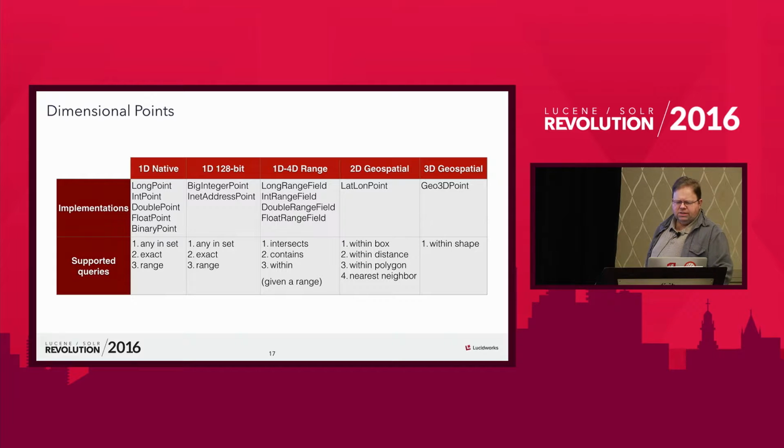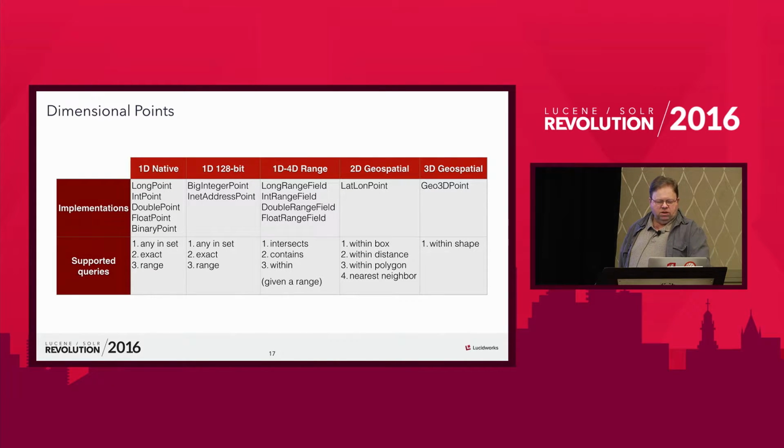This is the set of implementations that are currently in Lucene. I didn't distinguish between ones that are in the so-called sandbox, which is a module in Lucene, but a fair number of these are sort of experimental. And I don't think that means they're going to be thrown away, but they probably aren't getting much attention, and so may not yet be bug-free, I guess is one way to look at it.